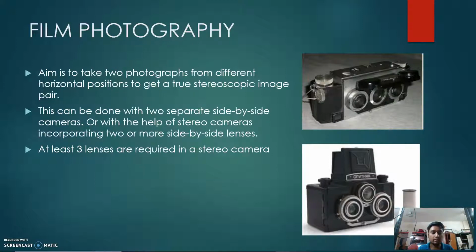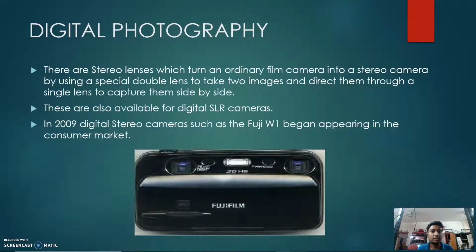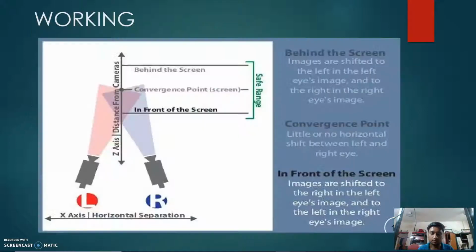The basic condition here is that the camera should have at least three lenses for taking the image. In digital photography, there is a stereo lens which turns an ordinary film camera into a stereo camera by using a special double lens. By using this lens, we can take two images of the same object and make a 3D image from those two images.